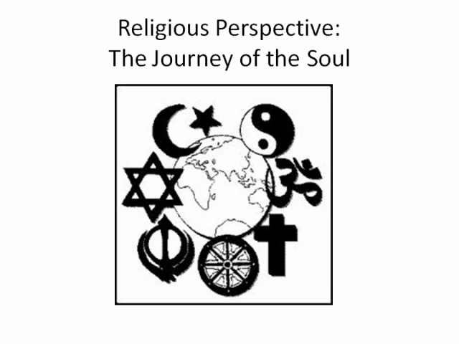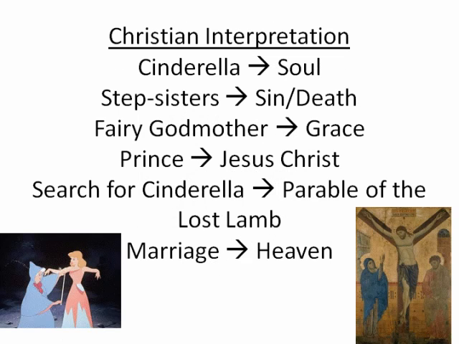A slightly different spin on the existential approach would be to read the story within the framework of some particular religion. Since the most familiar version of the Cinderella story comes from Europe, it may make sense to think about it in a Christian framework. From the perspective of the Christian religion, Cinderella would represent the human soul, the tyranny of the stepsisters would represent the soul's enslavement to sin and death, and the fairy godmother may represent the power of grace to enter into the life of the soul and transfigure it.